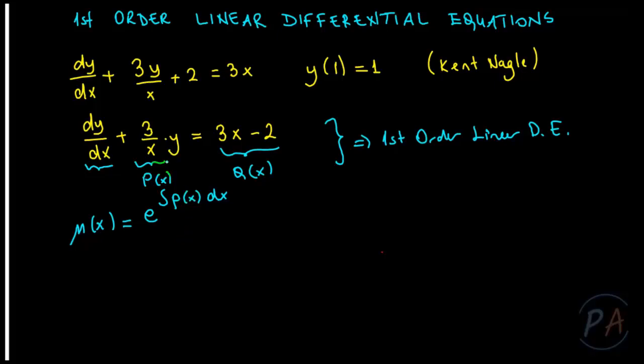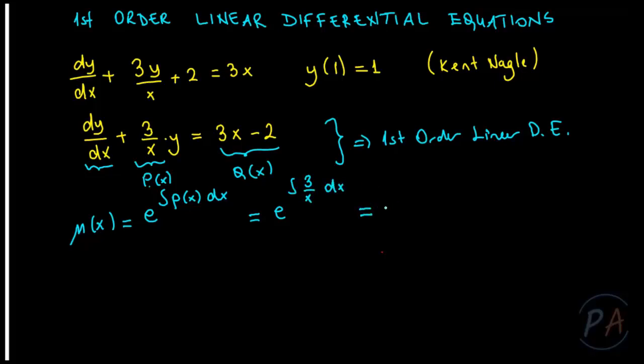We see that p of x equals 3 over x, so I substitute the function p of x here: exponential integral 3 over x dx.